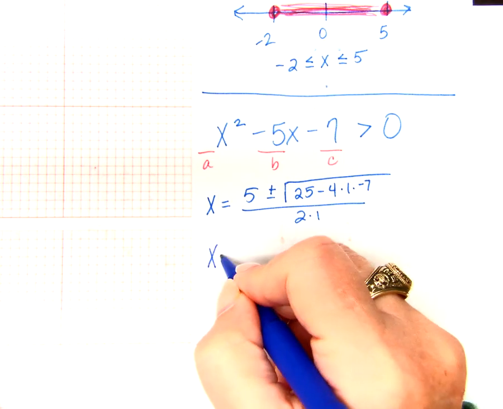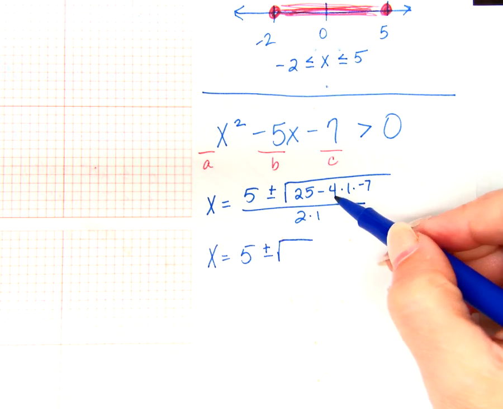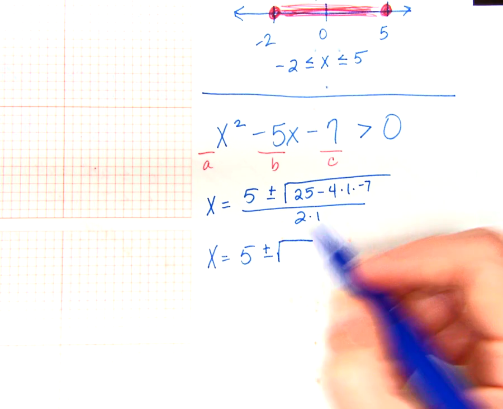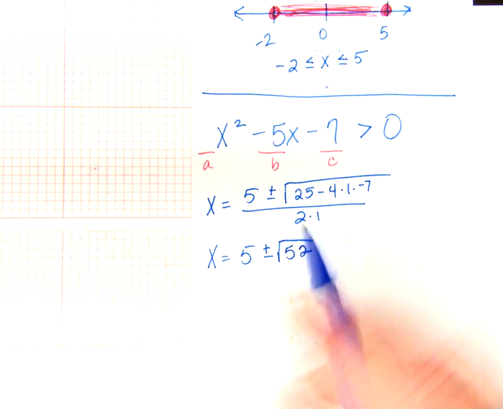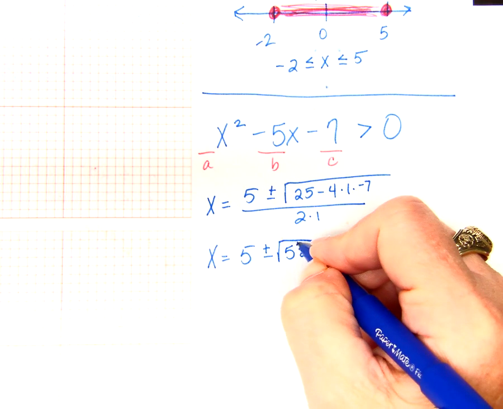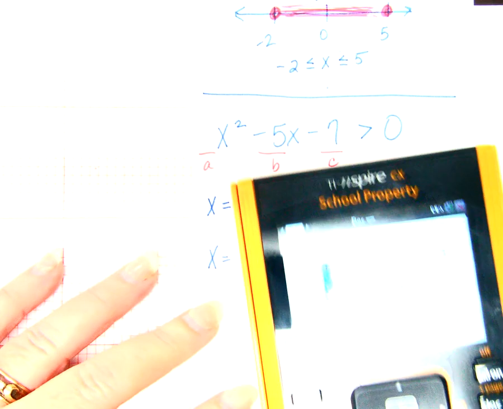So x equals 5 plus or minus the square root of, 4 times 1 times -7 is -28, which leaves 25 minus -28, so 53. But just as a reminder, if that is something you struggle with, please don't let it get the wrong answer on the problem because it's something you struggle with. Okay? Did I say 53 and then write down 52? Sorry. It should be 53.